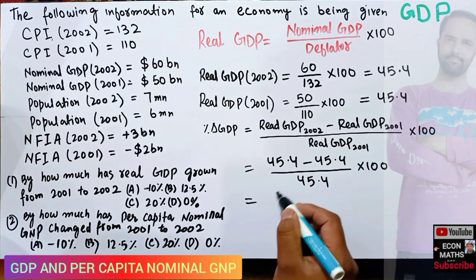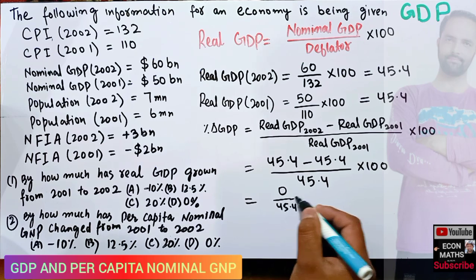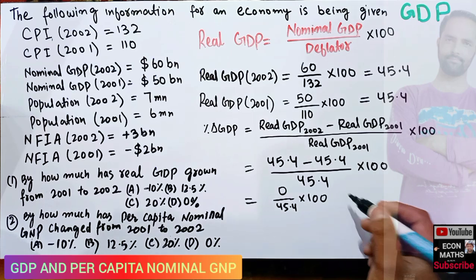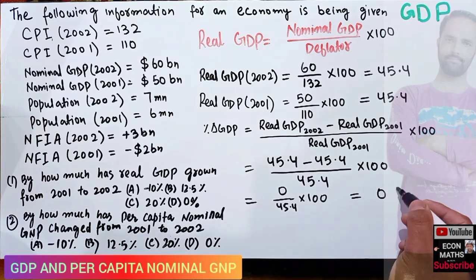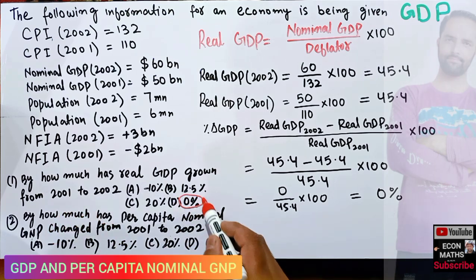So this is 0 upon 45.4 into 100. When we have 0 and we multiply any number with this, it becomes 0. That means there is 0% change in real GDP from 2001 to 2002. So the correct option should be 0%.